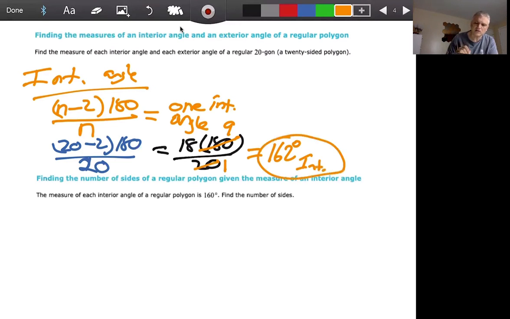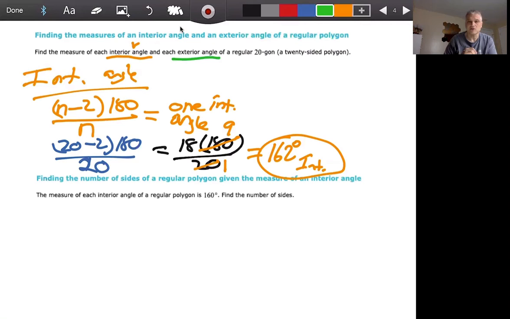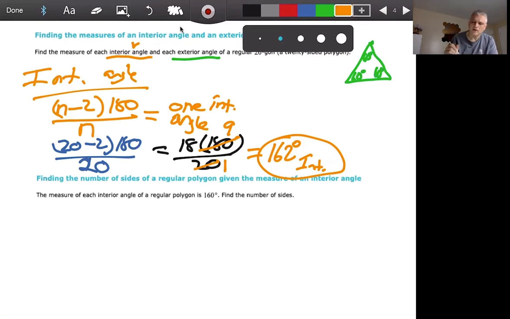Now the question said, find the interior angle. We did it. But it also said, find the exterior angle. So check this out. For example, if this were a triangle we were looking at, and we know that these are 60-degree angles if it's a regular triangle. Regular just means all the sides and angles are congruent, right? And an exterior angle is formed by taking one of these sides and extending it.